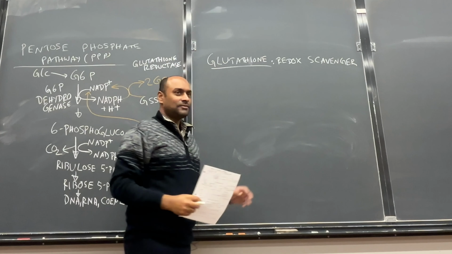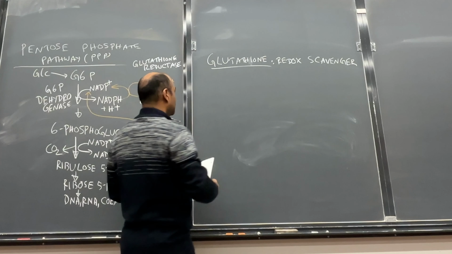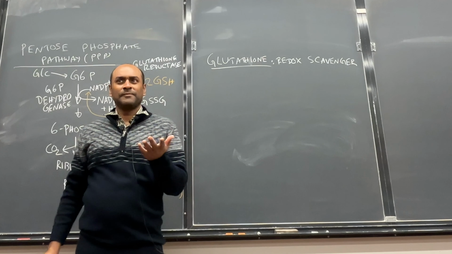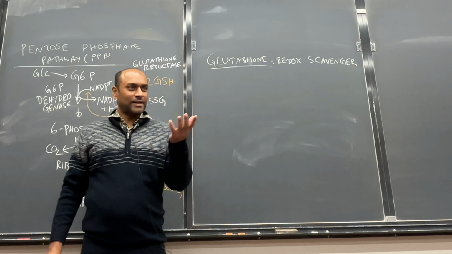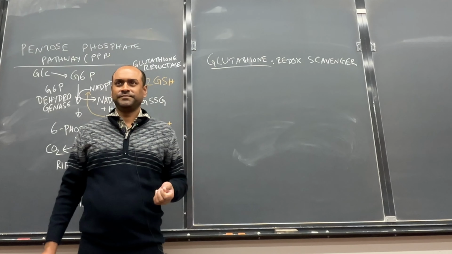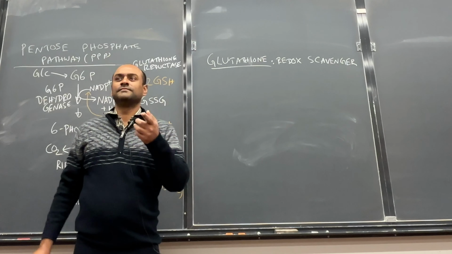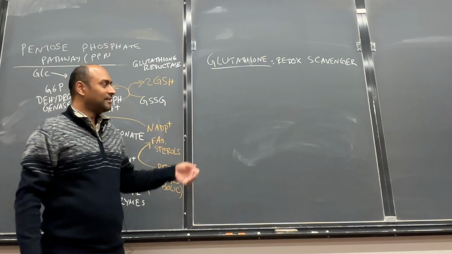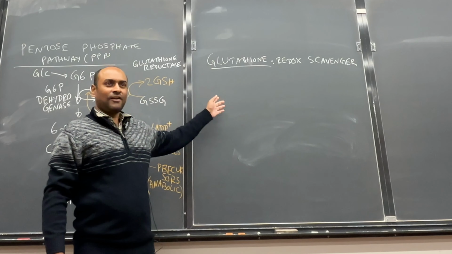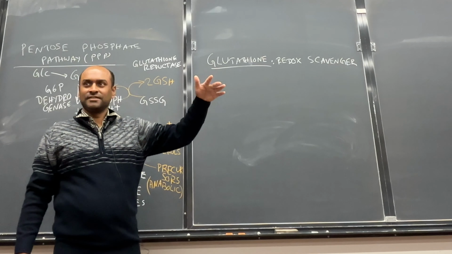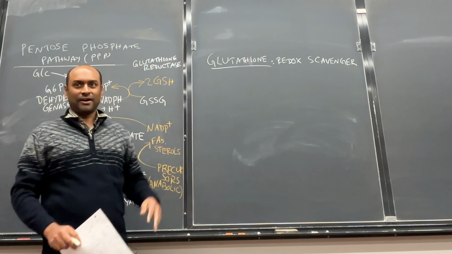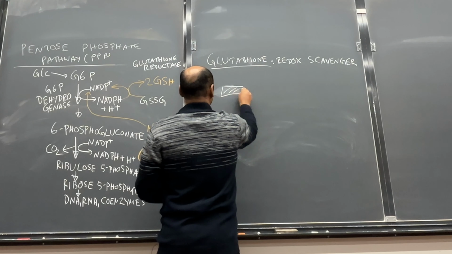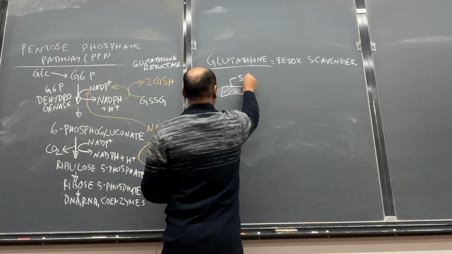So I will not draw the structure of glutathione, but you remember cysteine? So what is special about cysteine? Disulfide, right? It can be oxidized to make disulfide. So glutathione also has a CH2SH that can be oxidized to make disulfide. So this is your glutathione, and it has that SH.